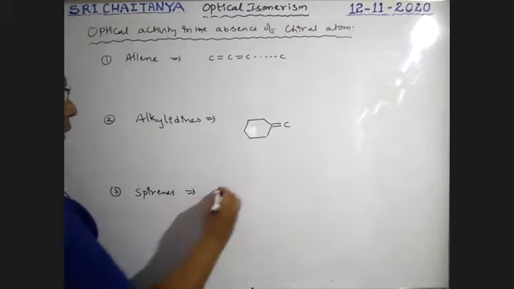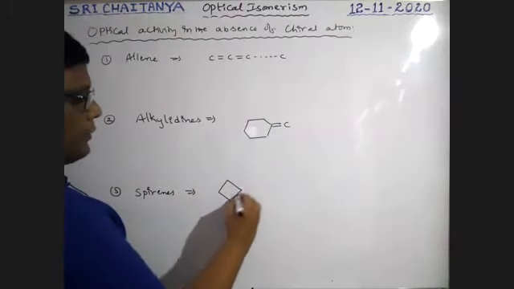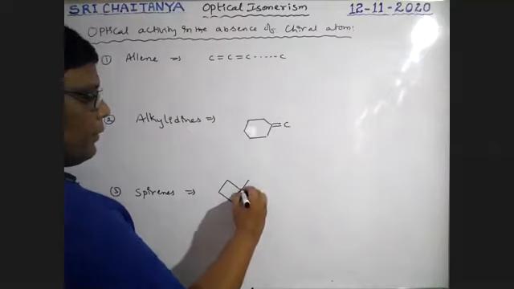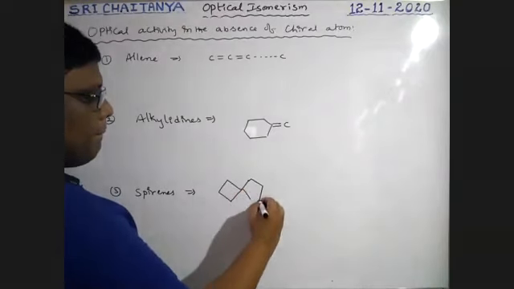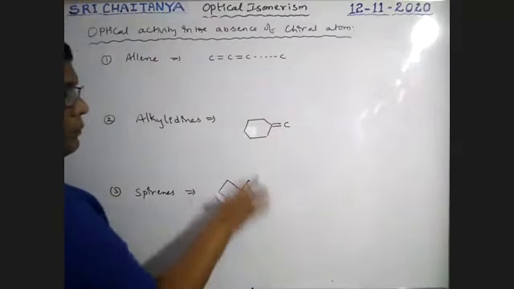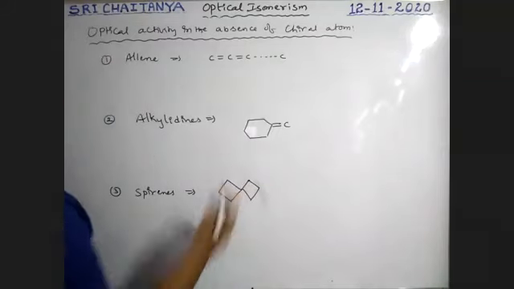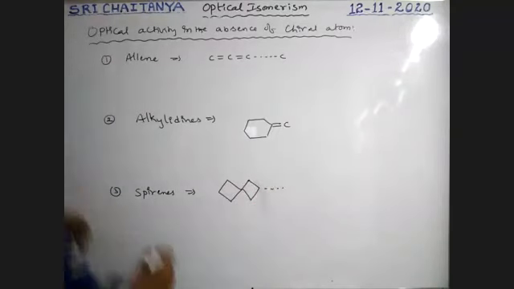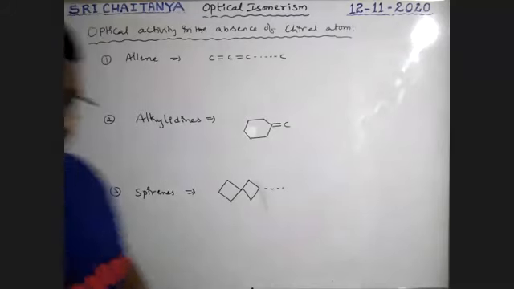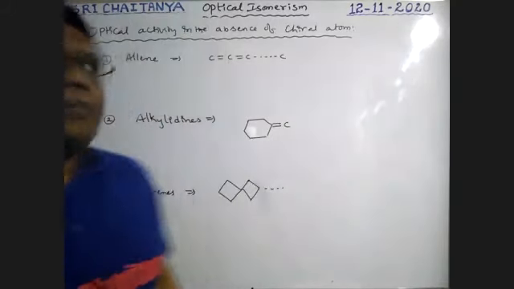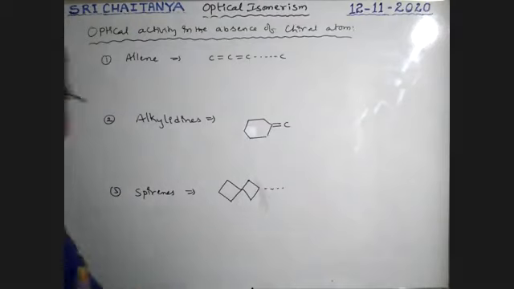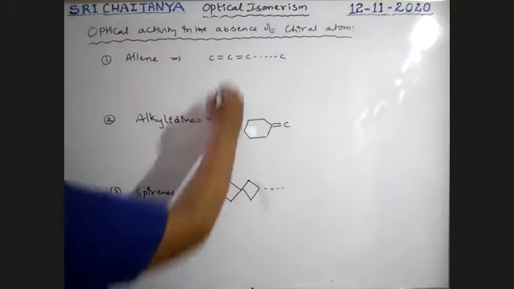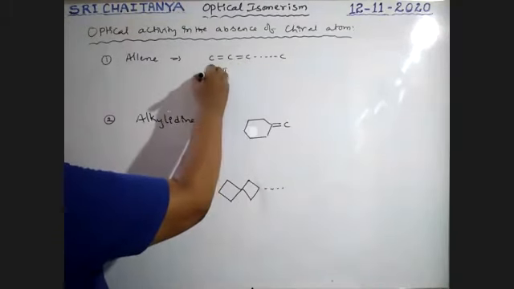Spirenes are nothing but number of rings, boys. Rings going on. See, boys, in all these cases, number of pi bonds.